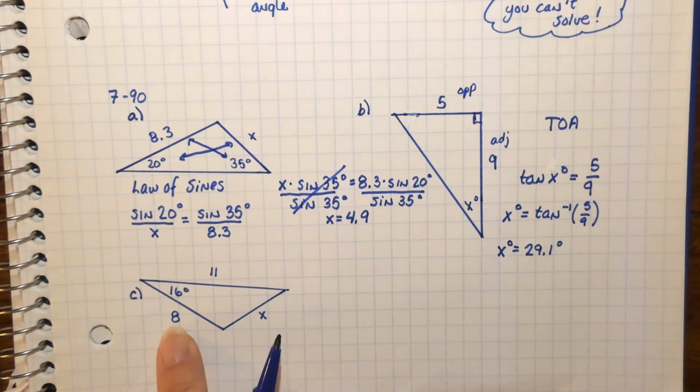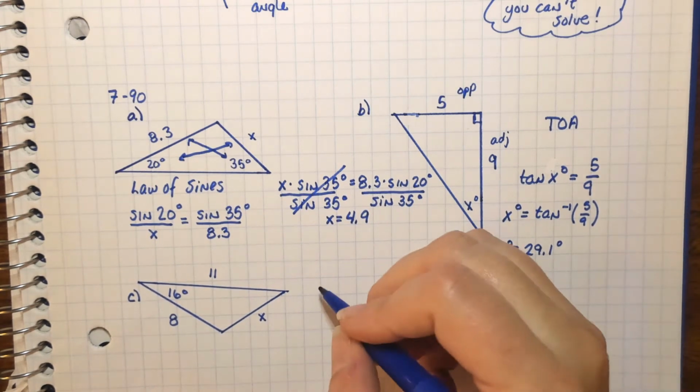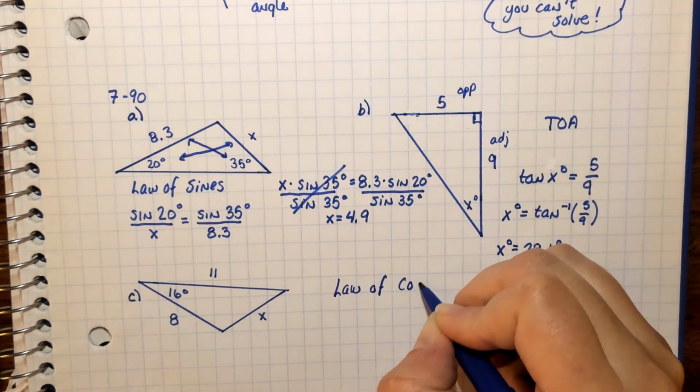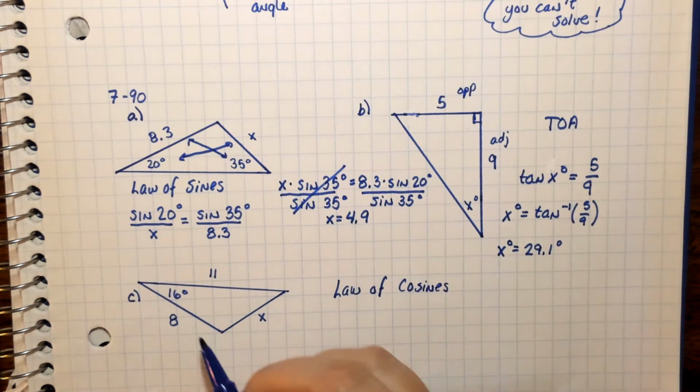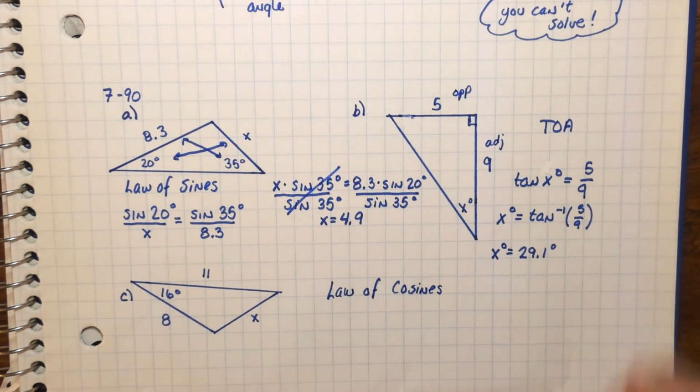Now for C, notice I have side angle side. Whenever you have side angle side, you're going to want to use law of cosines, because I can't really set up the proportion, I'll have too many variables in it. I don't have an angle and a side across that both are measured.